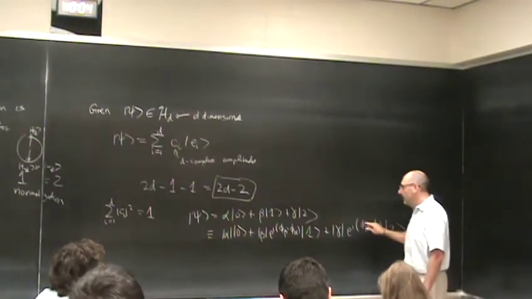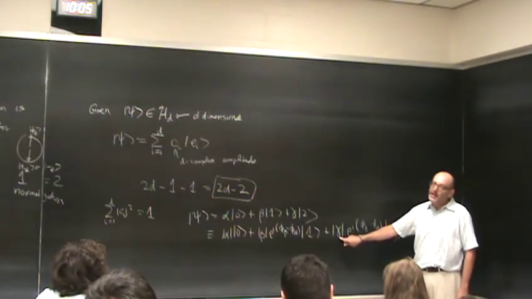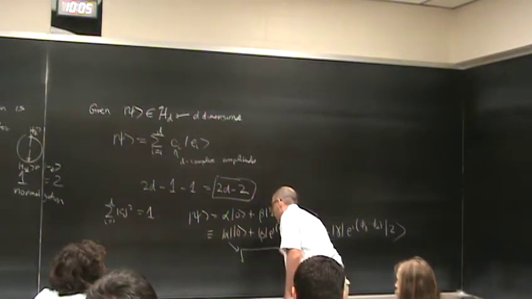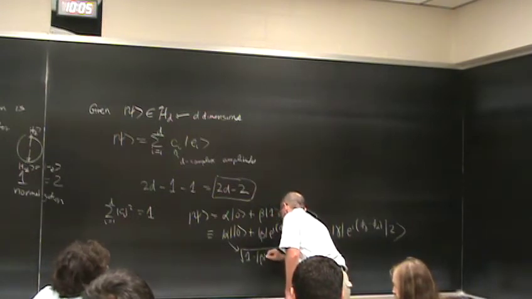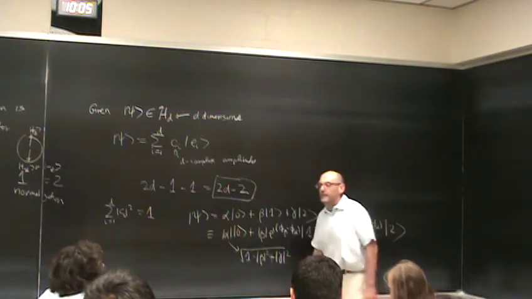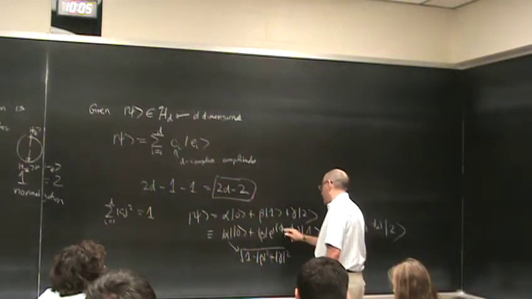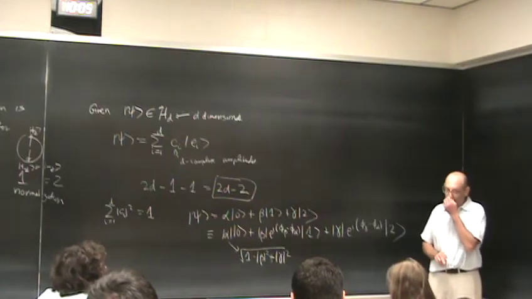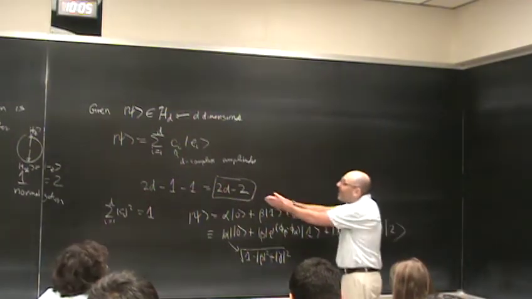Right now I have 1, 2, 3, 4, 5 parameters to specify the state. But that's not quite true, because instead of alpha, I can write this as the square root of 1 minus beta squared minus gamma squared. So I have instead 1, 2, 3, 4 parameters, which is 2 times 3 minus 2. So you have to at least know 2 of the constants. What I'm saying is this is how many parameters you need.